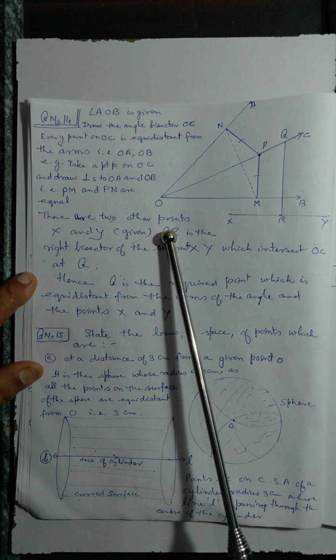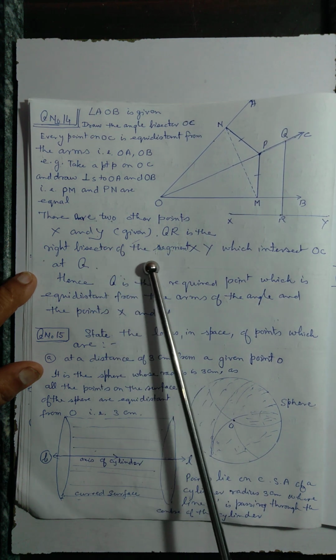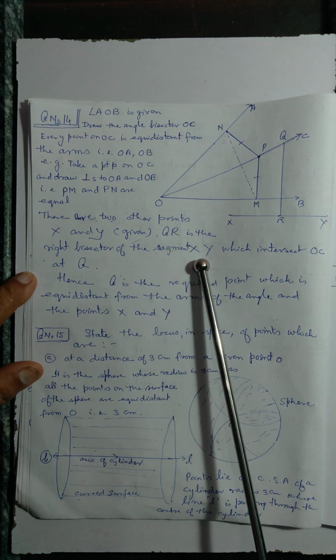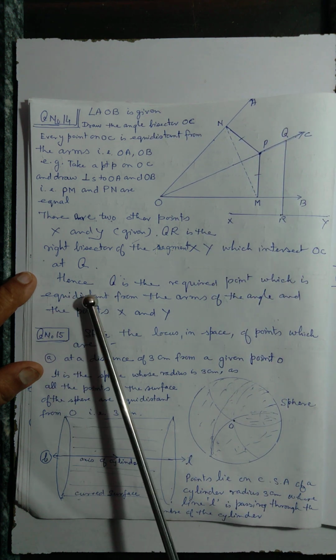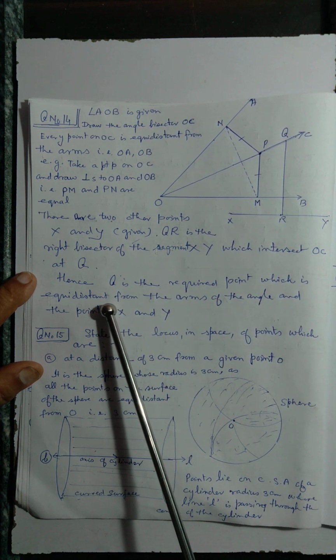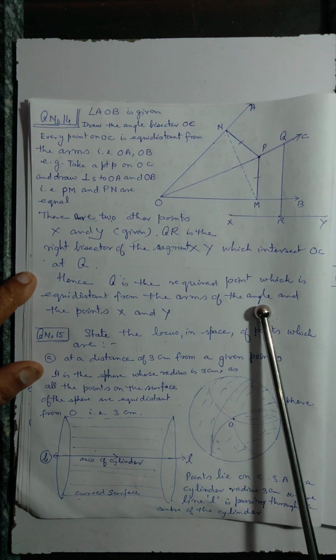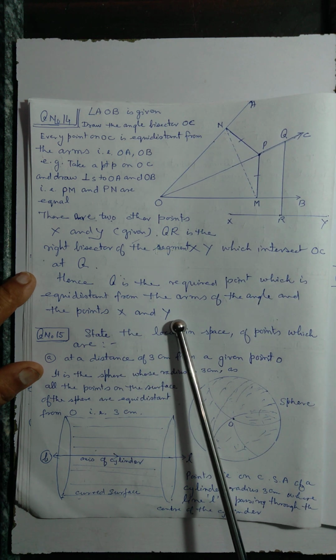There are two other points X and Y given. QR is the right bisector of the segment XY, which intersects OC at Q. Hence, Q is the required point, which is equidistant from the arms of the angle and the points X and Y.